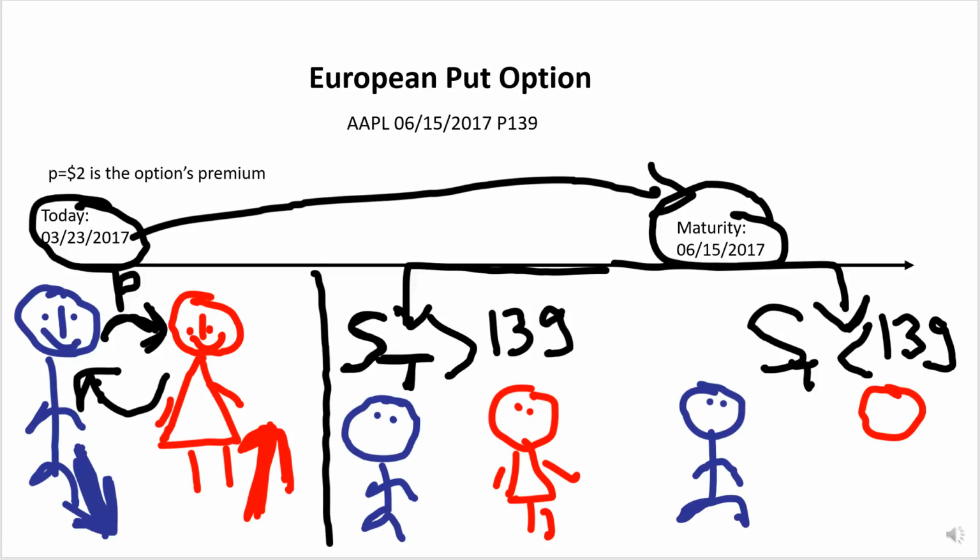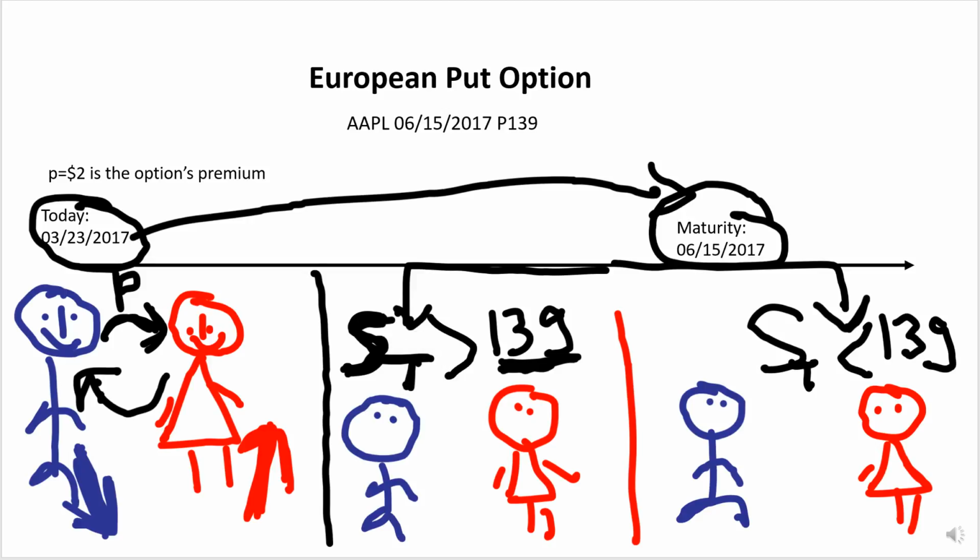So let's start with the first scenario, where the stock price is above the strike. What we can see is that the long investor entered into an agreement to sell one share of Apple at $139, but the stock price at maturity is above $139.